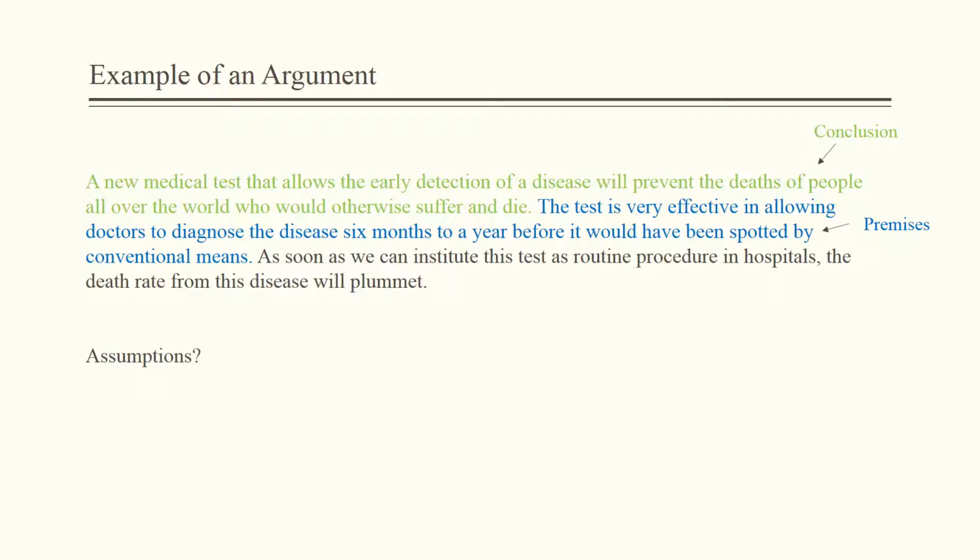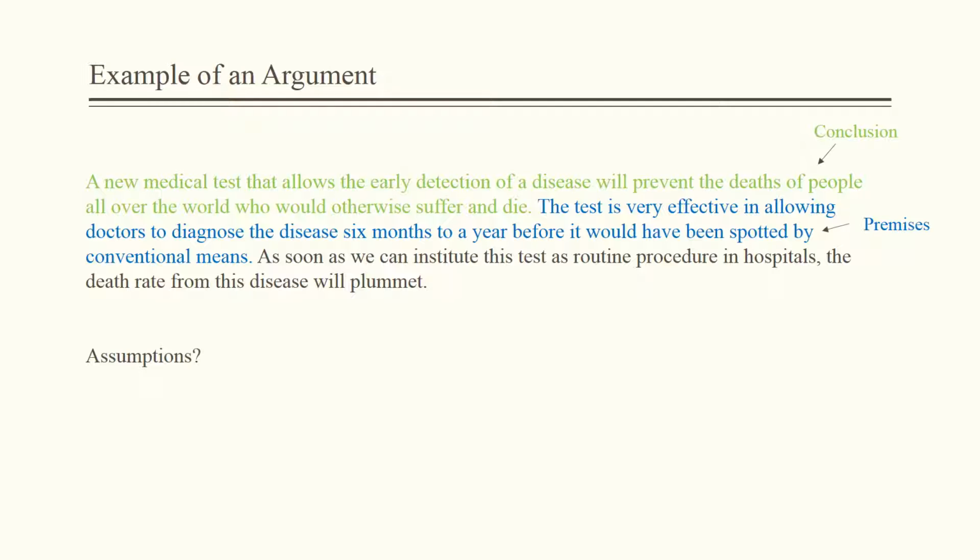The test is very effective in allowing doctors to diagnose the disease 6 months to a year before it would have been spotted by conventional means. As soon as we can institute this test as routine procedure in hospitals, the death rate from this disease will plummet.